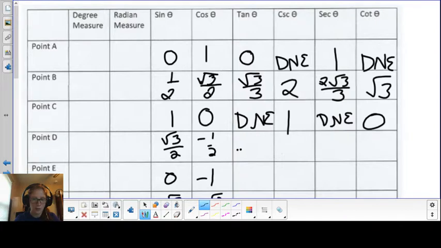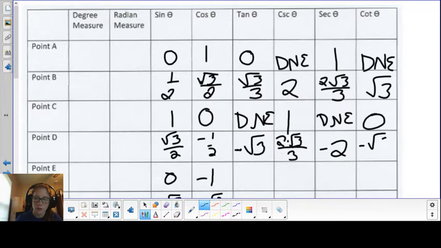Tangent for point D is negative square root of 3. Cosecant is 2√3 over 3. My secant is negative 2. And my cotangent is negative √3 over 2.